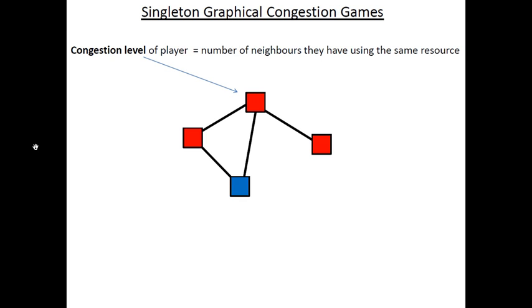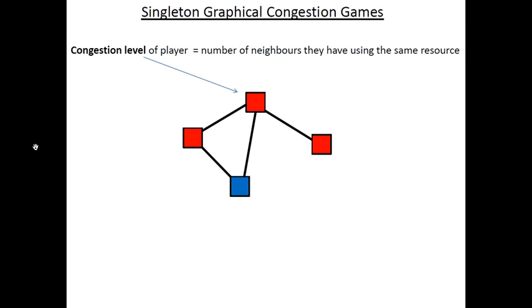Those players are engaged in a game where they have to select resources to use, and their objective is to get as high a payoff as possible. But being a congestion game, if nearby users are accessing the same resource, then they're going to cause congestion to each other and diminish one another's payoffs.